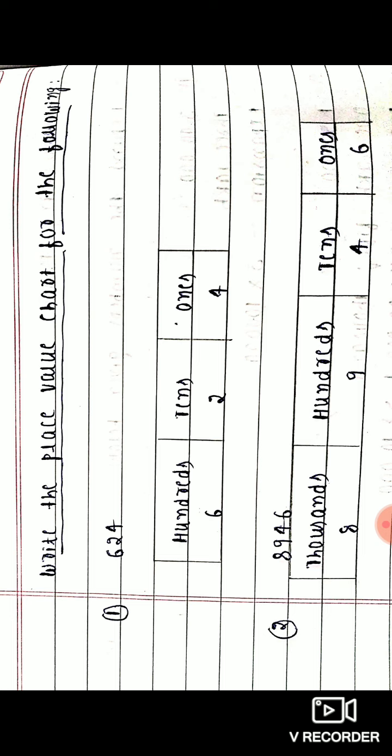In this way you have to write the place value of the given numbers, that is ones is 6, tens is 4, hundreds is 9, thousands is 8. Therefore 8946.